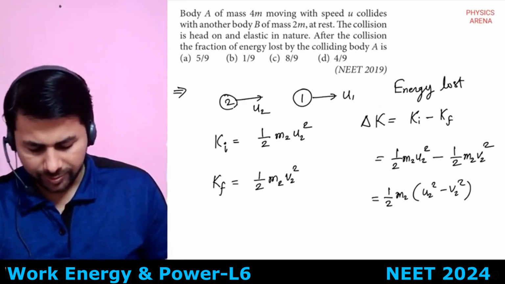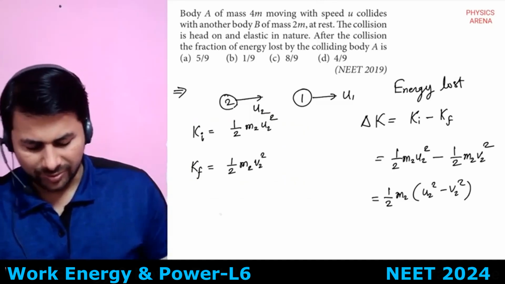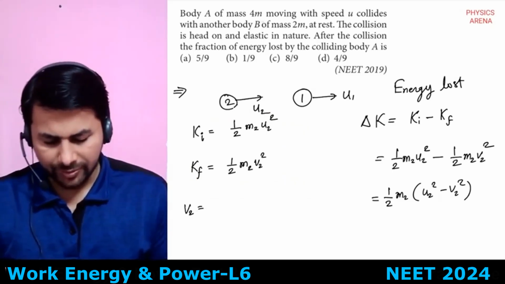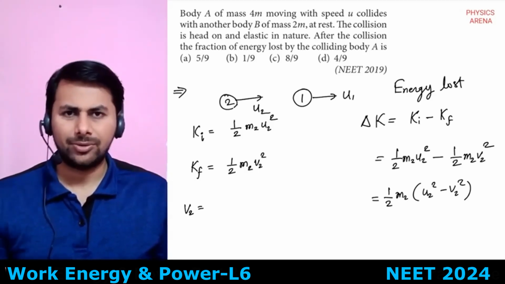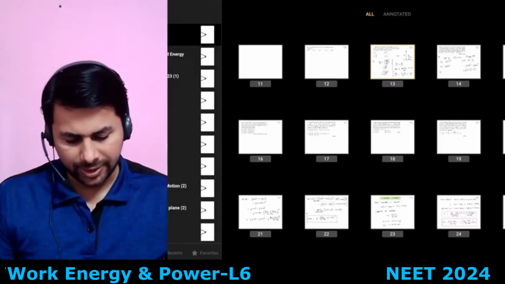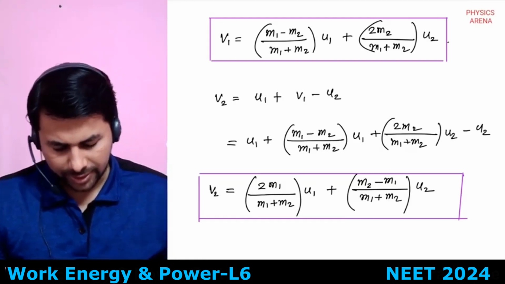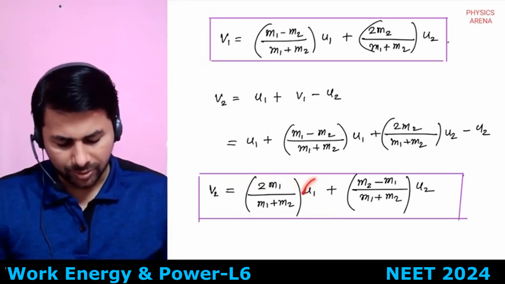And what is v2? Here comes the formula. v2 is equal to 2 times m1 divided by m1 plus m2 times u1 plus... let me check it once.